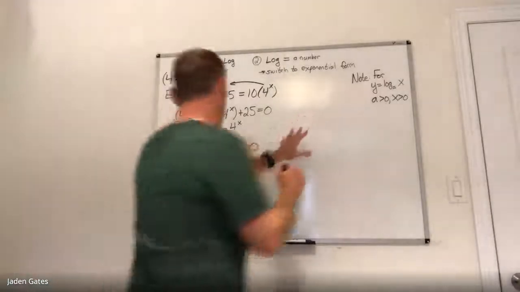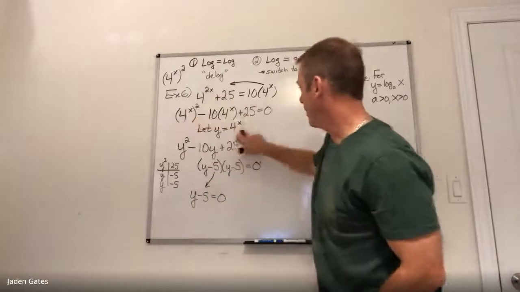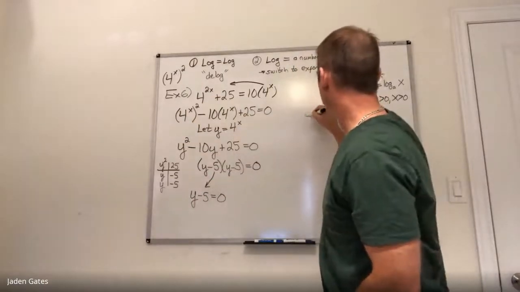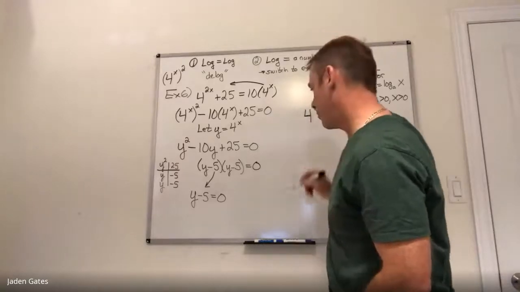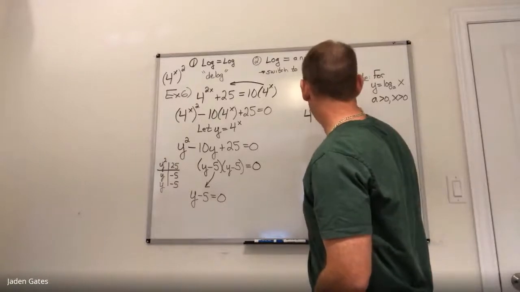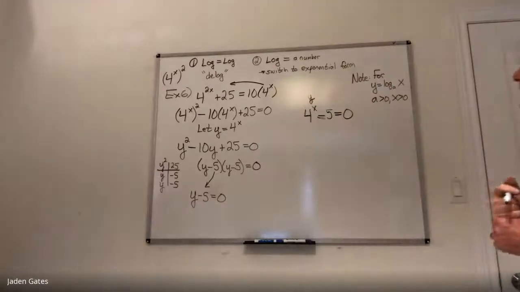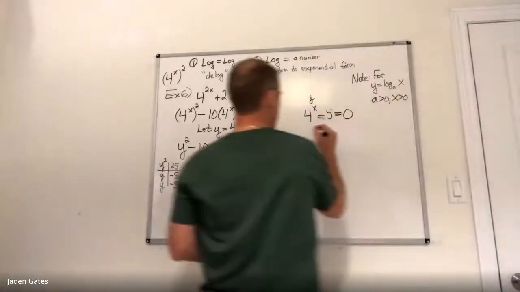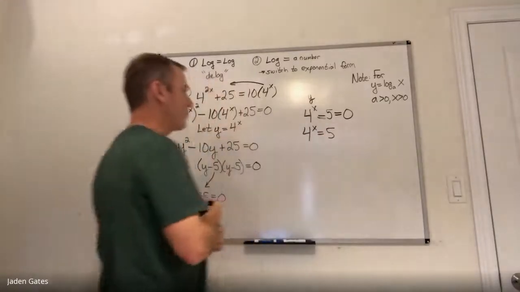So instead of a y now, I'm going to put in 4 to the power of x, equal to, minus 5 equals 0. Again, I just substituted back in for y there. Then I'm going to bring this minus 5 to the other side, so it's a positive 5.